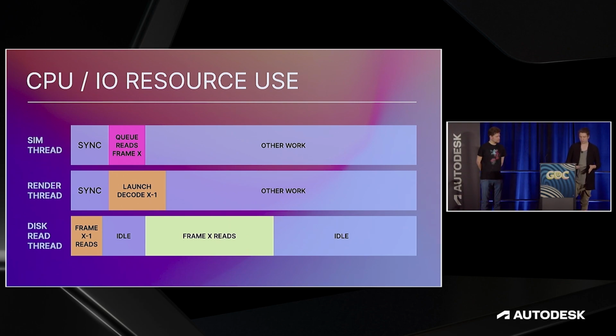The render thread is just launching decodes for the frame prior to the current frame. And those are all going into compute and being decoded in compute on the GPU. The disk read thread is basically just reading the current frame queued reads.